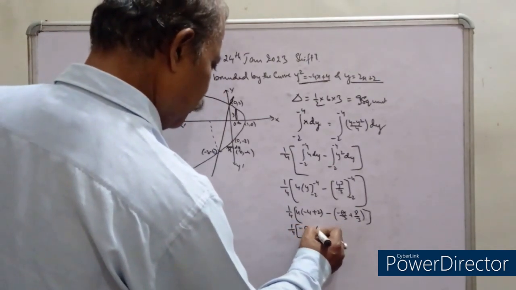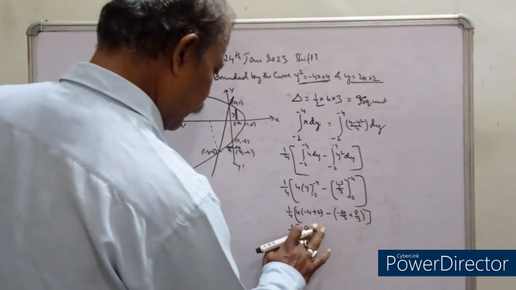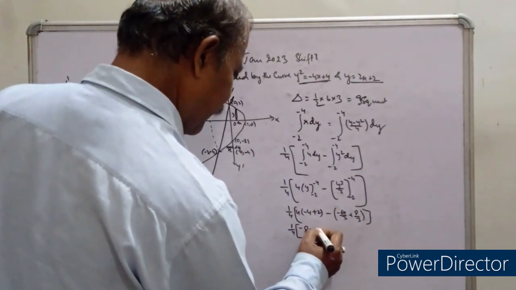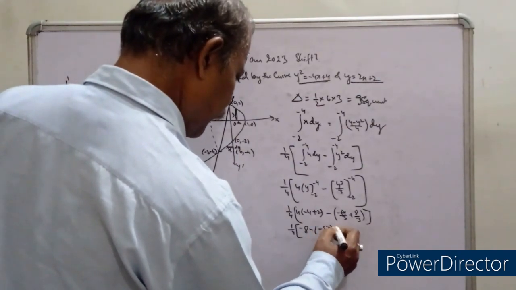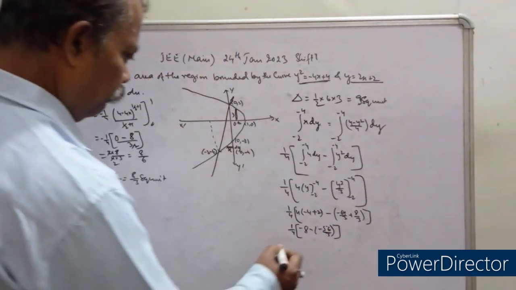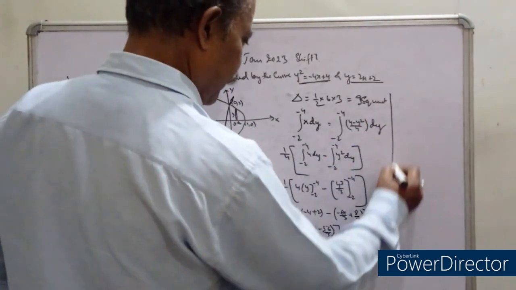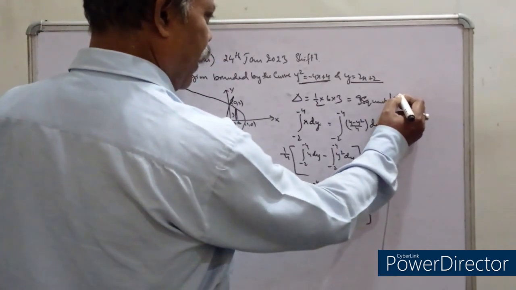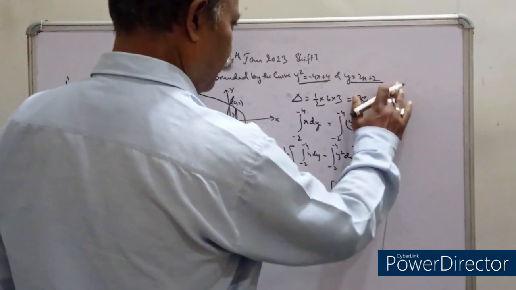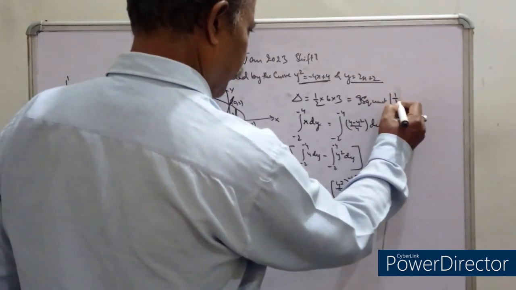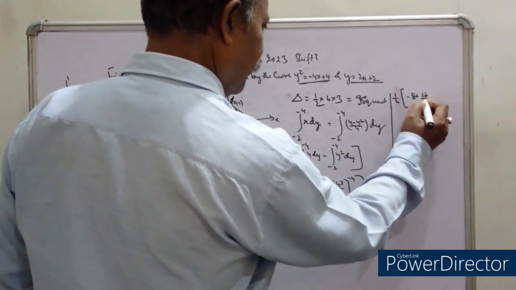plus, this will be LCM, plus 56 by 3. So this comes out to be 1 by 4, minus 8 plus 56 by 3.